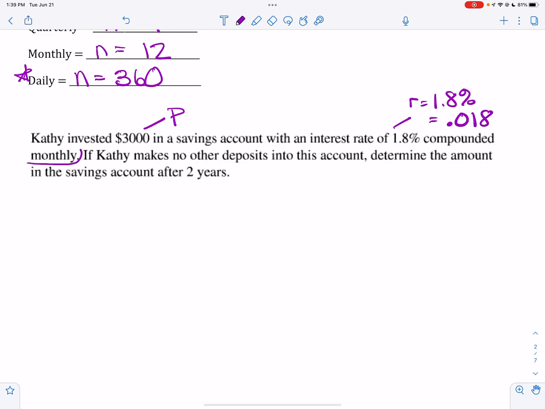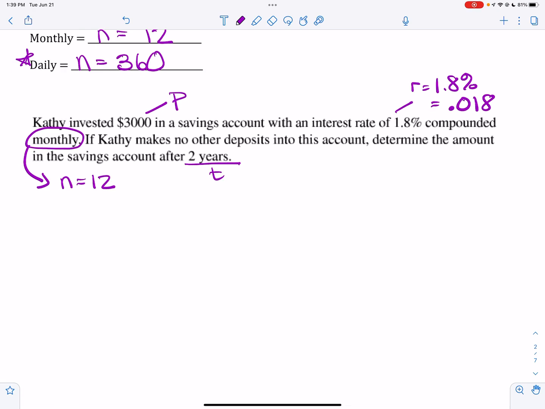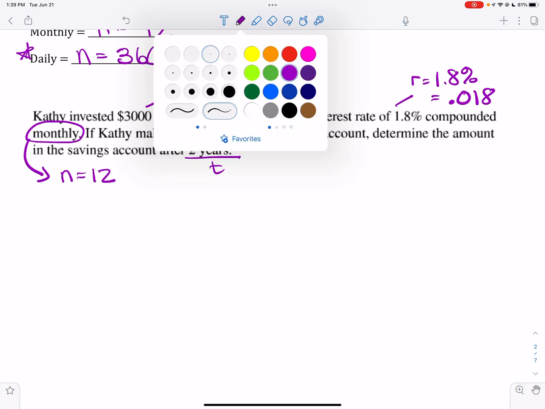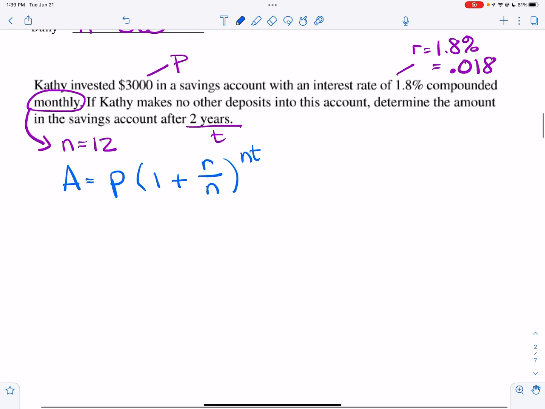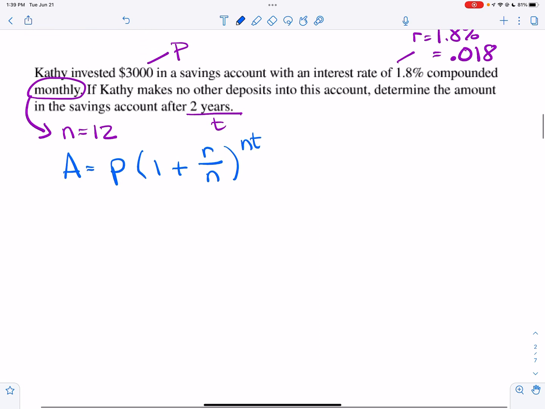It's compounded monthly, so n is 12, and then time is years. So if I write out my formula, A is the principal times 1 plus the rate divided by n, raised to the n times t power. So what I find helpful is I list all these things. P is 3,000.